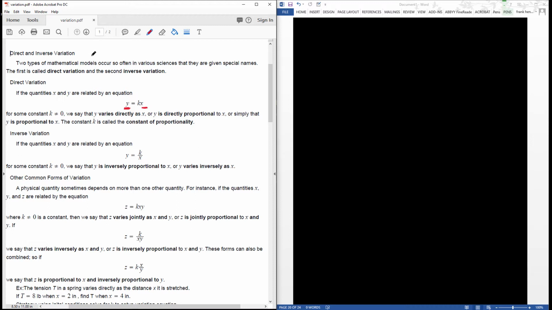What this equation is saying is that as x gets larger, y gets smaller. As x gets larger, y gets smaller. Or as x gets smaller, y gets larger.